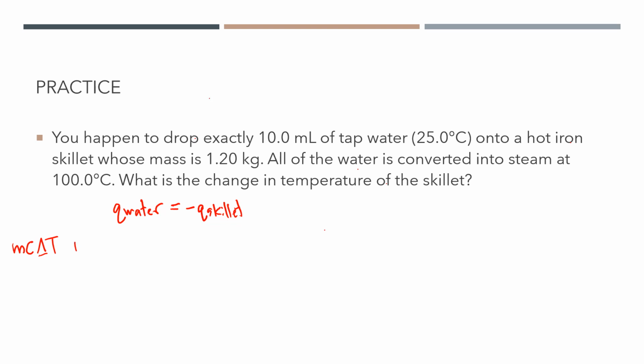So then we're going to do plus number of moles times the enthalpy of vaporization. Sorry, not fusion, vaporization. That is going to equal negative Q of the skillet. So let's do that real quick. So we have 10 grams of water.